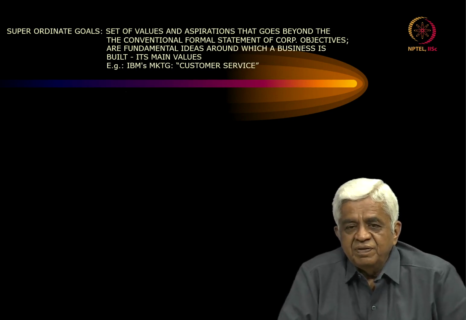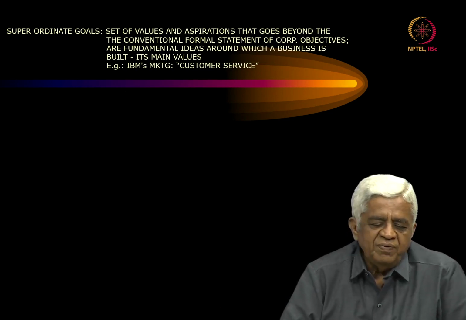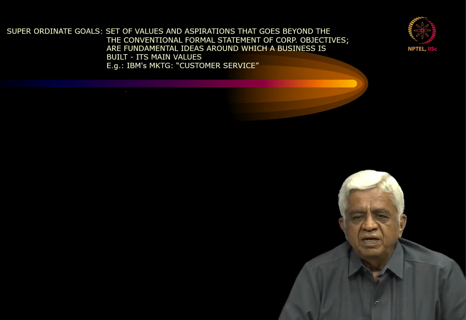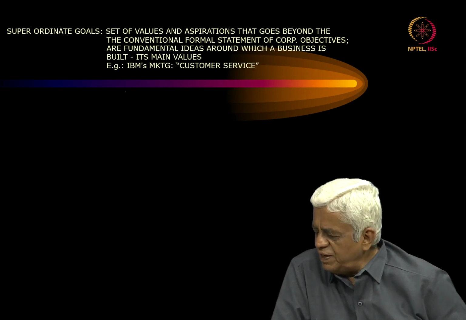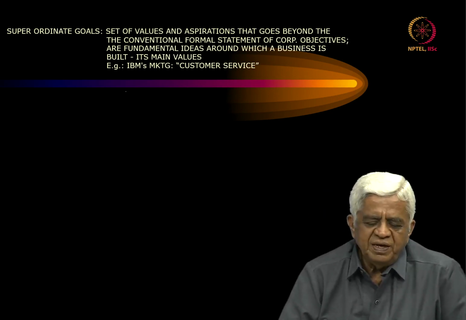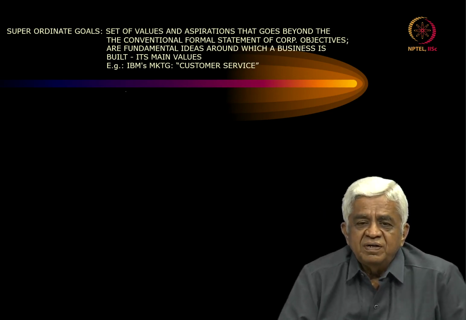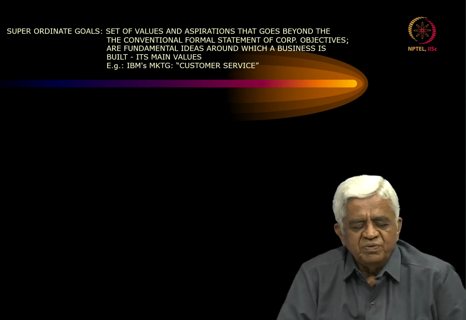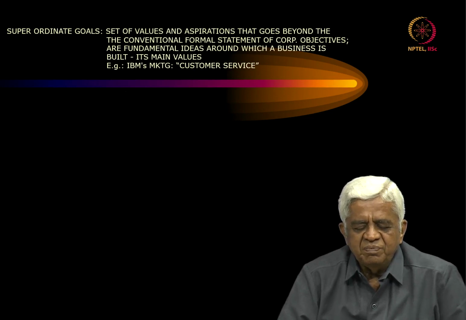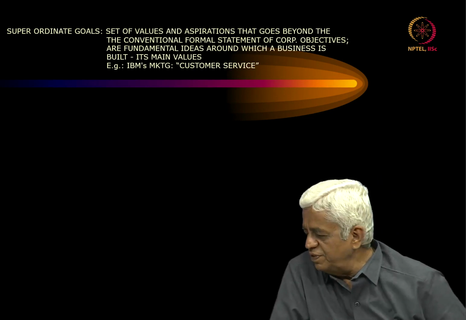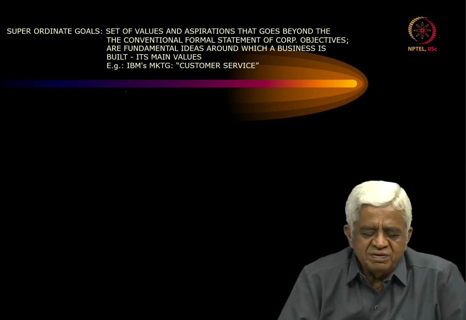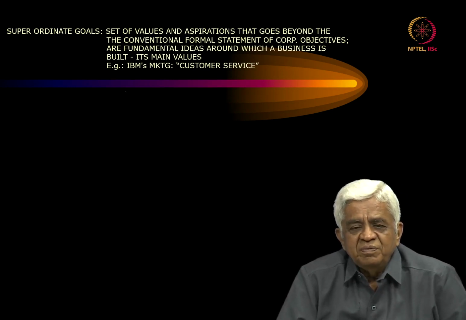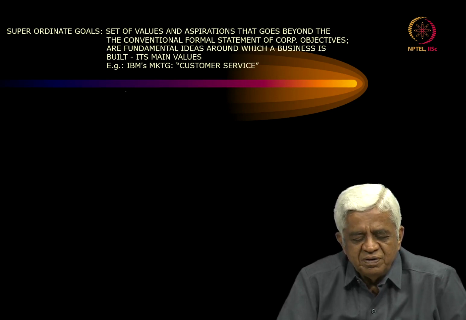Many times, the way the superordinate goals are mentioned, it means very little to the outside world. Take for example, IBM's superordinate goal. It is mentioned as customer service. What does customer service mean to the outside world? May not mean much.